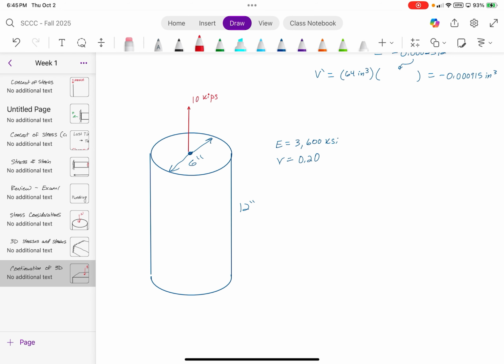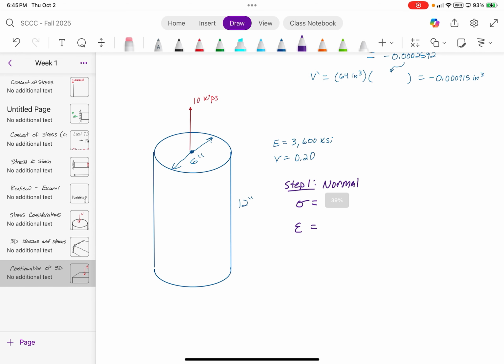All right, so really quickly, step one. What's step one of any of these 3D problems? Normal. All right. What would the normal stress and normal strain be?